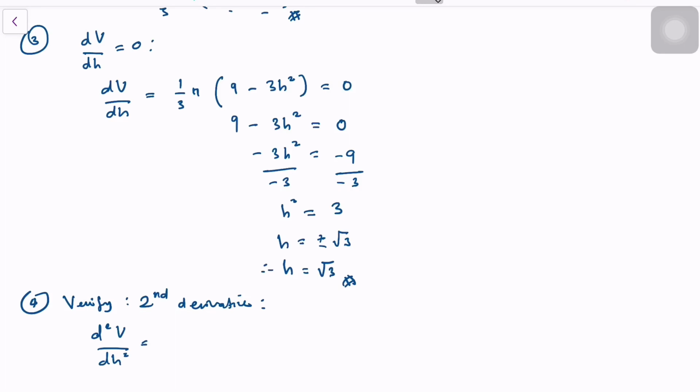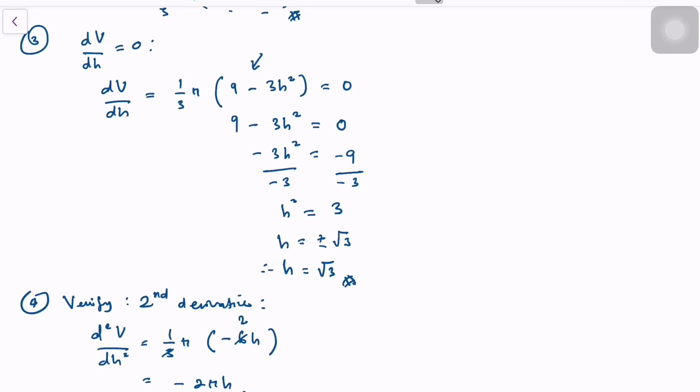Lagi sekali saya akan differentiate yang ni. So 1/3 pi is a constant. Bila saya differentiate 9 becomes 0. Then I got minus 6h. Bila simplify, 6 bersamaan dengan 2, then saya akan dapat minus 2 pi h.